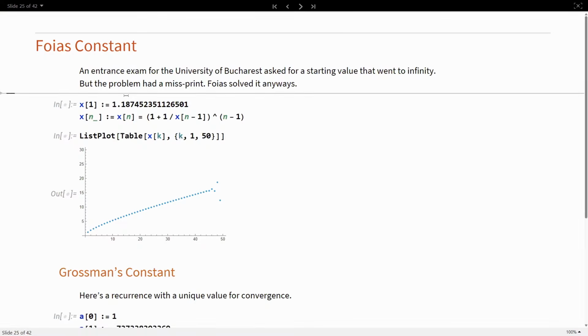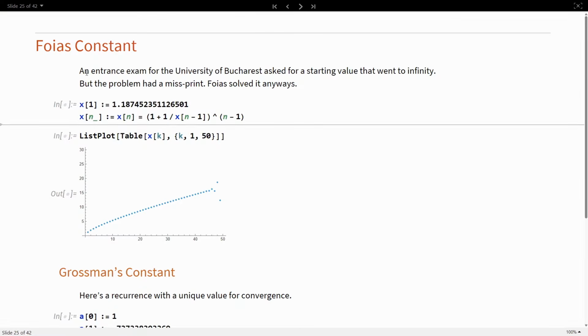There was an entrance exam for the University of Bucharest that asked for a starting value which went to infinity for this repeating series. And there's a unique value that works. If we plug in this value, which is an approximation, you can see that it's steadily increasing for quite a few turns before it starts diverging, because this isn't an exact value.